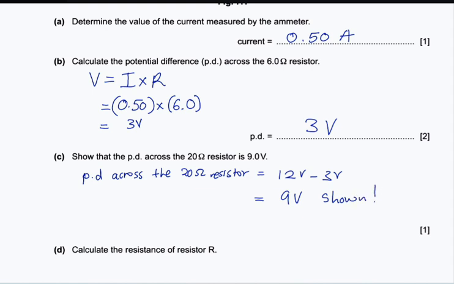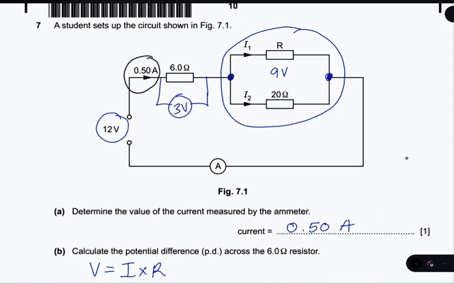Now the question wants us to calculate the resistance of R. How do we get the resistance of R? We need to go back. Now that we know the voltage across those two resistors is 9 volts, we can actually calculate I1 and I2.